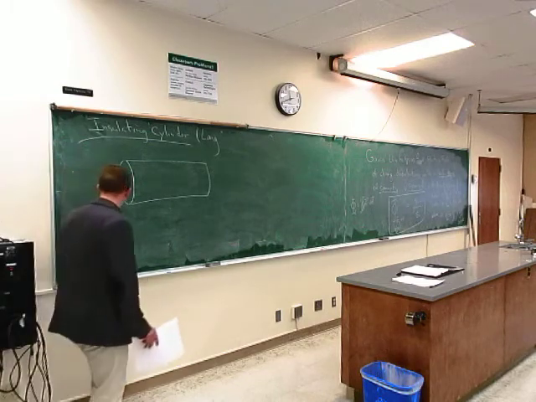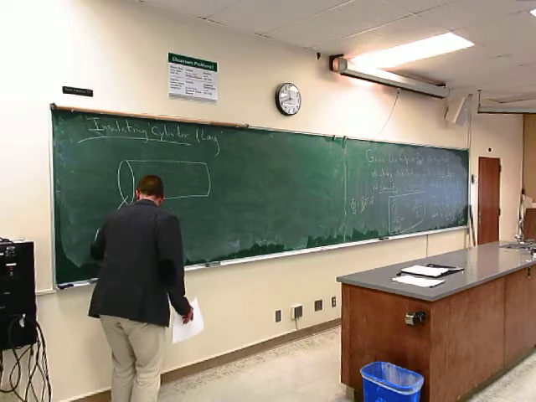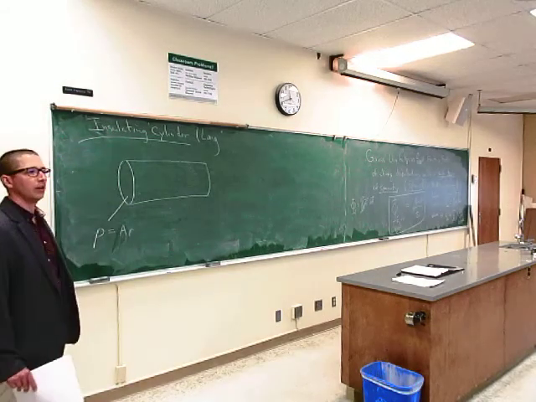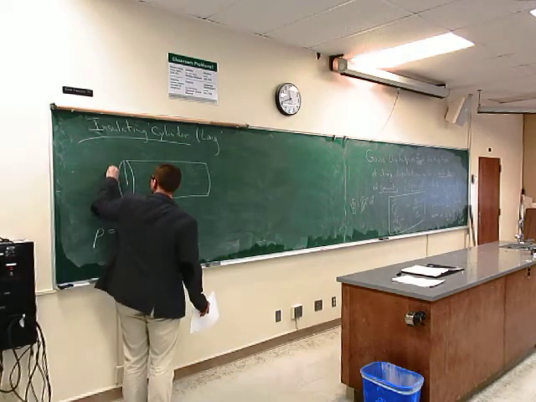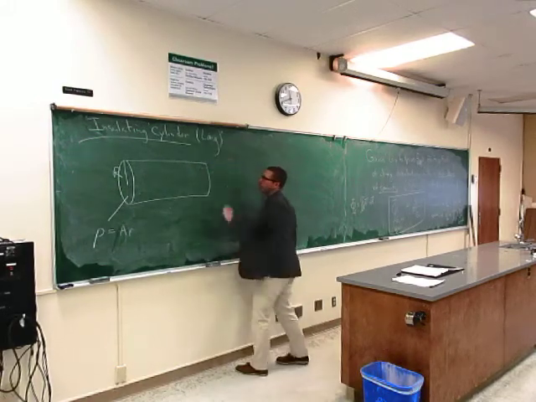Let me make it just some non-constant value. Let's just say rho equals A times r. And the radius of this cylinder is capital R. And it's a very, very long cylinder.